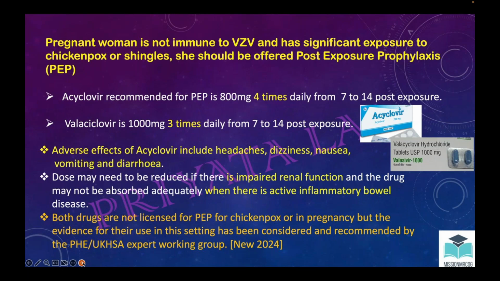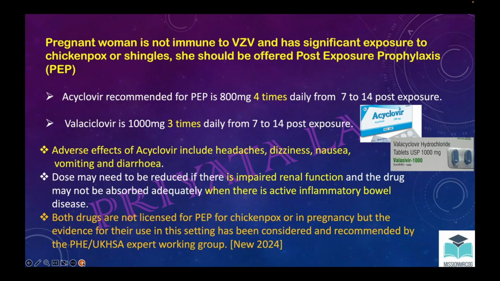Now, adverse effects of acyclovir could be headache, dizziness, nausea, vomiting, diarrhea. Another few things that you have to remember: if a patient has impaired renal function, in that case there would be a change in the drug dose, or it would be reduced, or sometimes the drug may not be completely absorbed if the patient has a bowel problem or inflammatory disease.